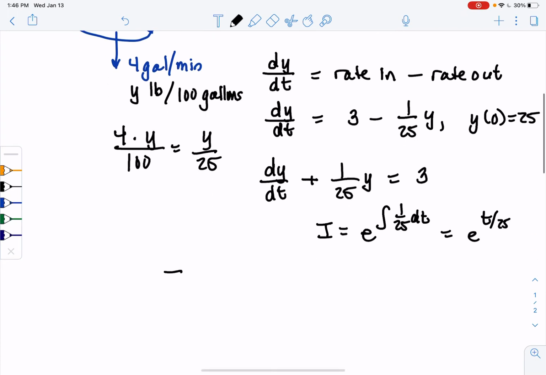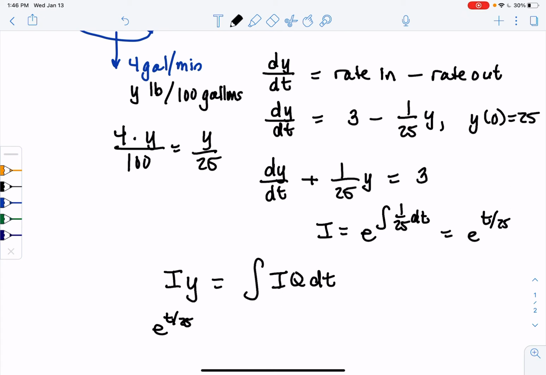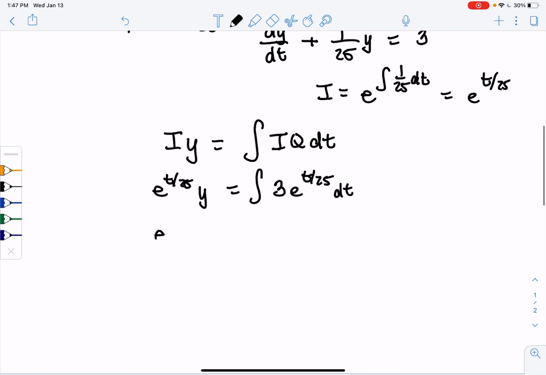And now we know that the solution of a first order linear has the form I times y is equal to the integral of I times q dt. I is e to the t over 25. Q is the function that's on the right. So that's e to the t over 25 y equals the integral of 3e to the t over 25 dt. And we know that that is equal to, let me just write this down here.